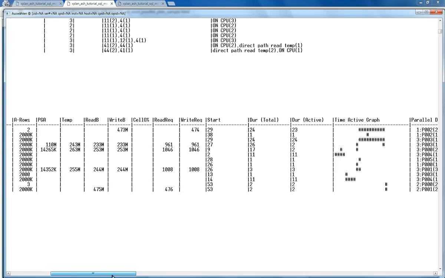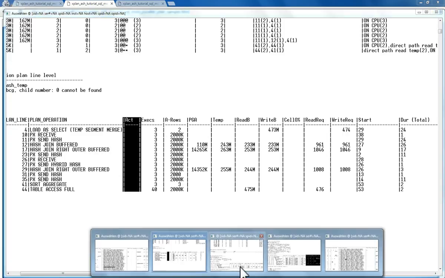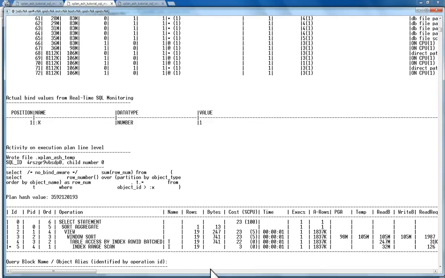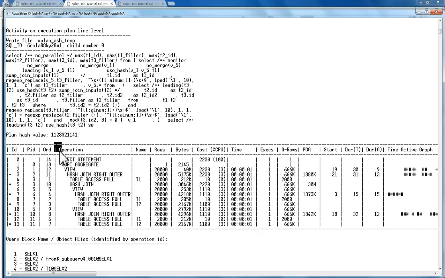One thing I haven't mentioned is the active column here. If you had an execution, let's see if I have an example here. I think all of these were already completed when I generated the report. If an execution was still ongoing, then an additional column would show up on the left-hand side.